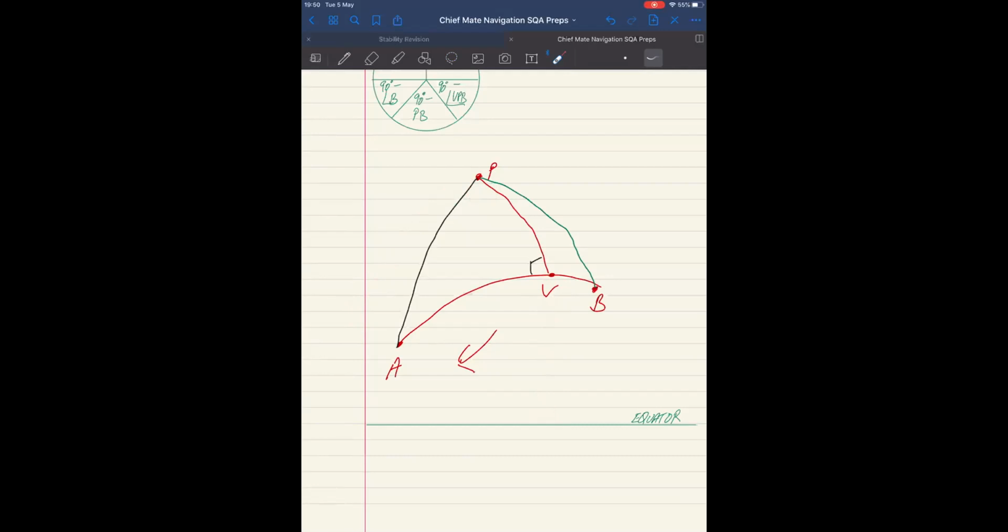And usually, in most cases, you will always be knowing the position of A. That is, you will be knowing both lat and long of A. And for B also, you would be knowing lat and long.